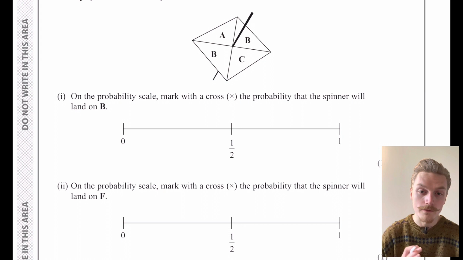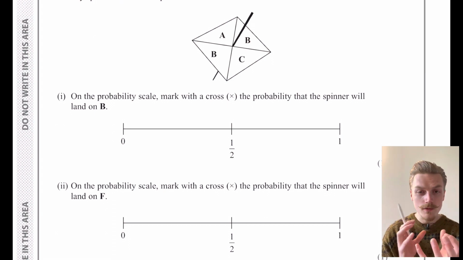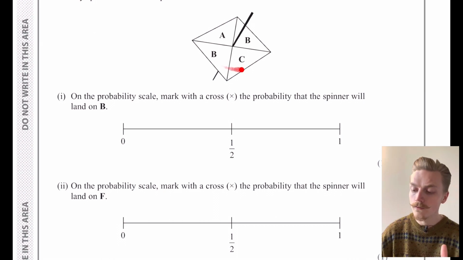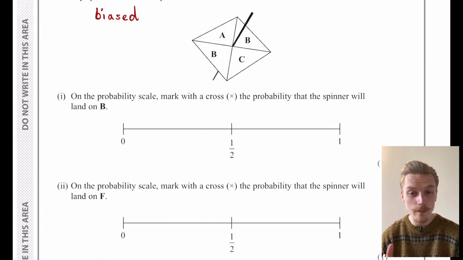So it's like a coin flip or like this spinner, to be honest, because if we have a look at the spinner, we've got 2 B's here out of 4 possibilities. And we know it's fair, so it's got the same probability of landing on all of these. That's what fair means. Biased is the opposite of fair. So I'll write that underneath. So biased is the opposite, and biased means that it's got a higher probability of getting one thing than another.